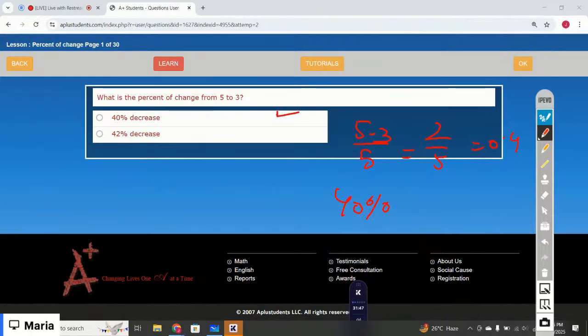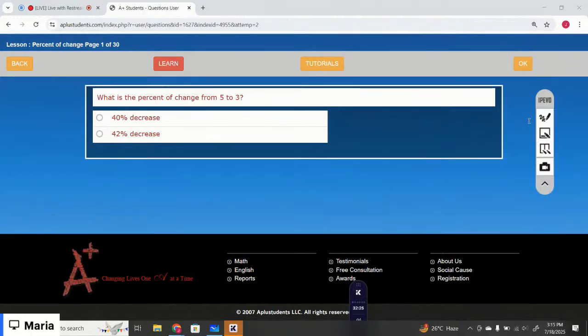That means that would be 40%. Option number 1 is the correct option.